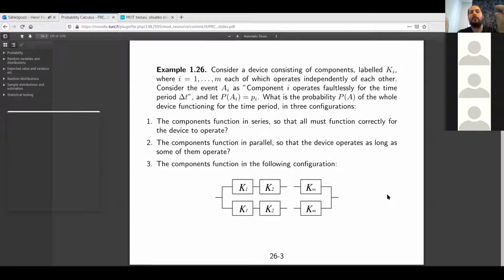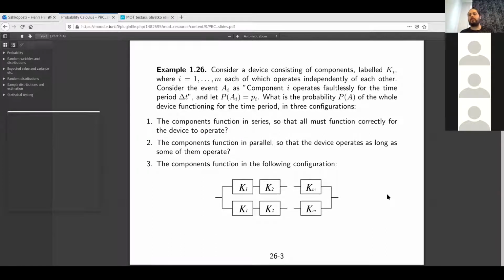We have three different configurations. One, where all the components are put in series, and the functioning of the machine is predicated on the first component doing something, then the second and the third and the fourth, so that only if they are all functioning correctly will the machine do what it's supposed to do.